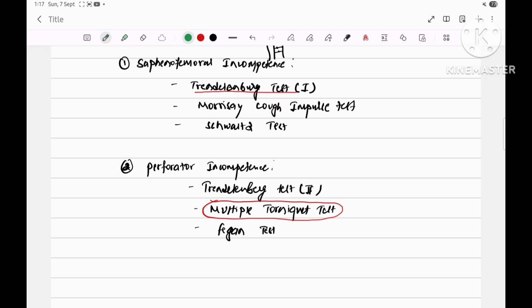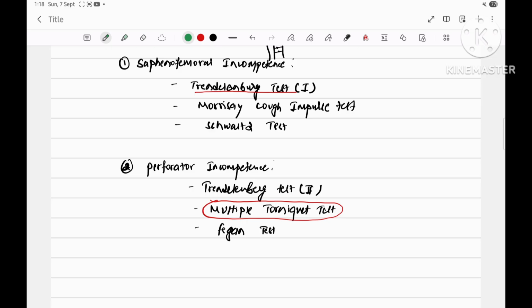When all the veins are empty, I press my thumb at the saphenofemoral junction. I have already talked about the anatomy of the saphenofemoral junction. And then I ask the patient to stand out of the bed.